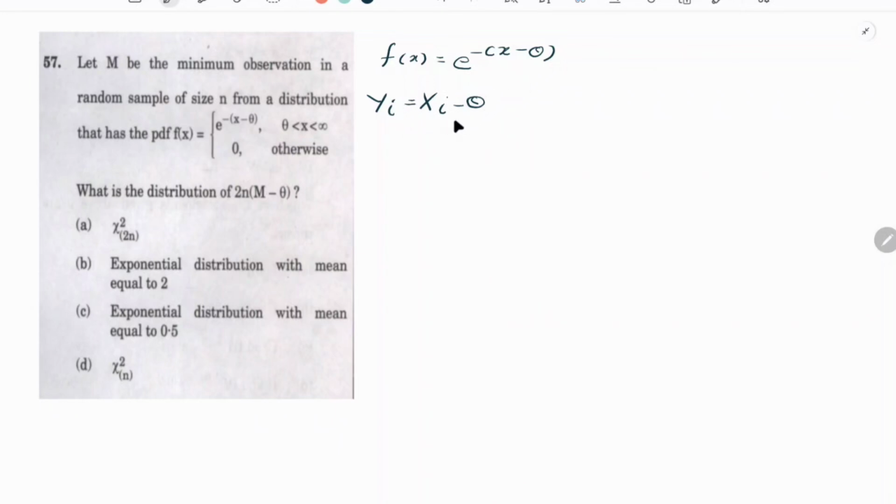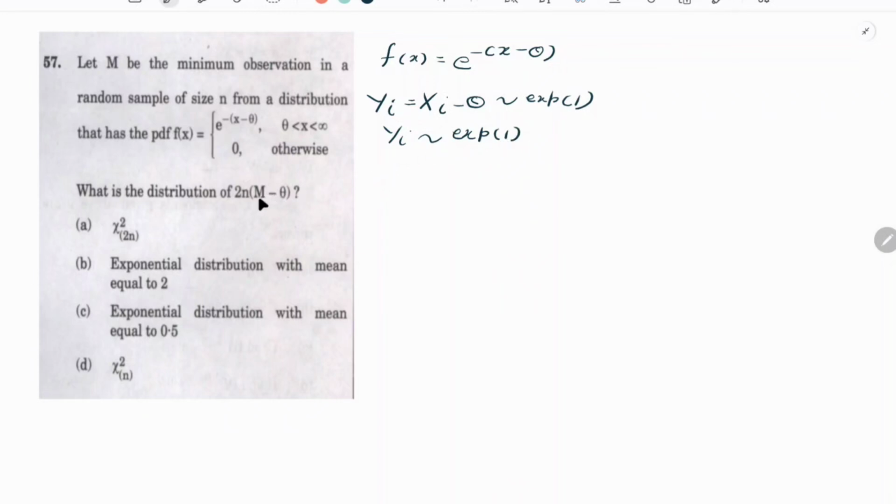We can prove it using the transformation method also, but we will not do that here. We can simply use the fact that xi minus theta is exponential with parameter 1. That means yi is exponential with parameter 1.